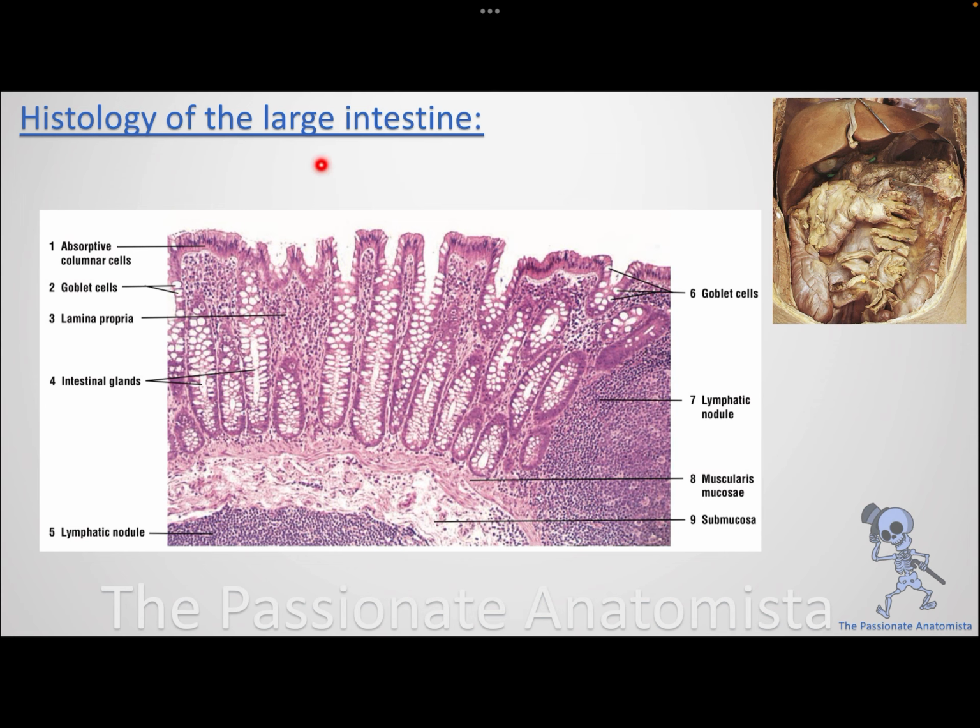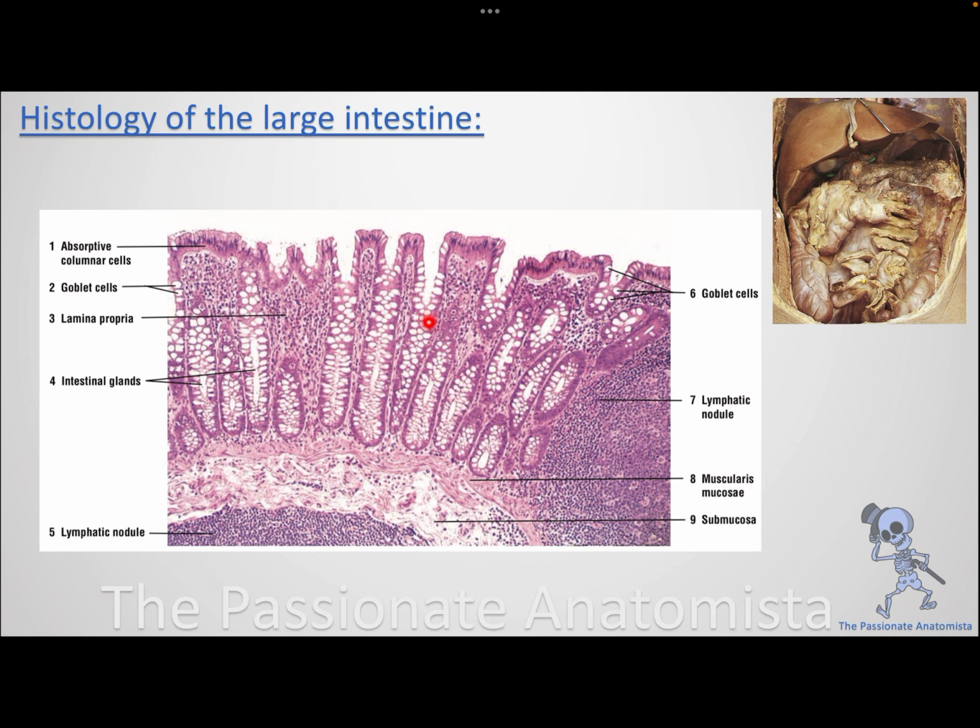Remember that in the large intestine, the function is to transform the chyme into feces that we can get out of the body, and to absorb as much water as we can. So you need lubrication for that feces to help it get propelled to the end of the alimentary canal.